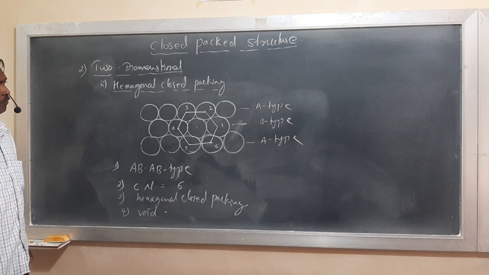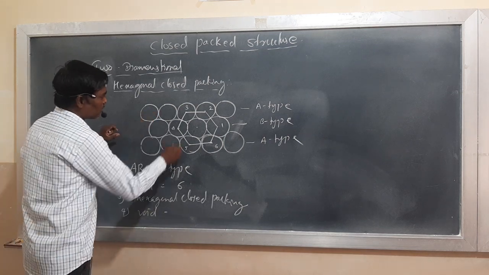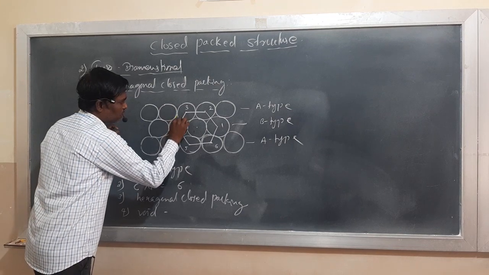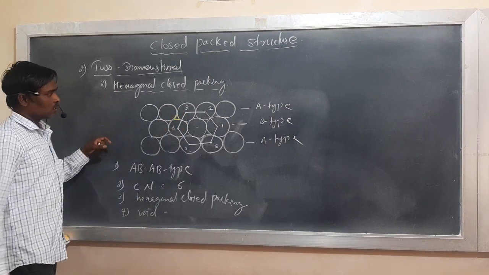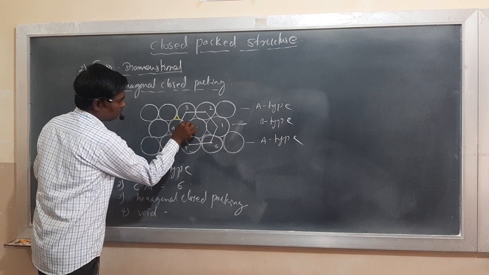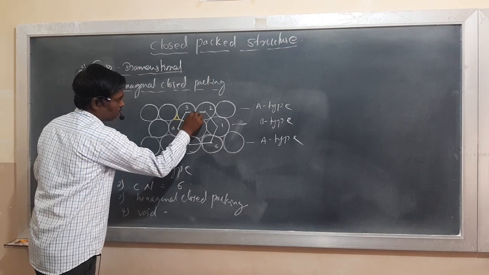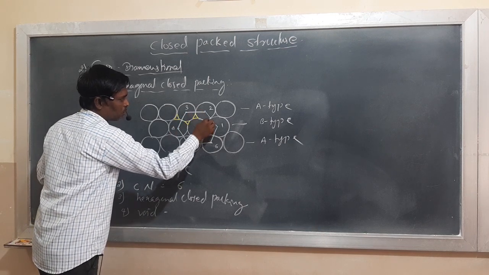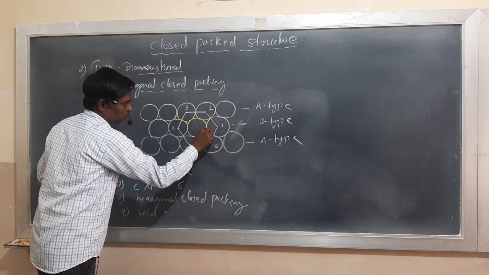we observed square voids, and here the voids are of the shape triangle. Okay. So this is a triangle void, and this is also a triangular void. See, these all are triangular voids.